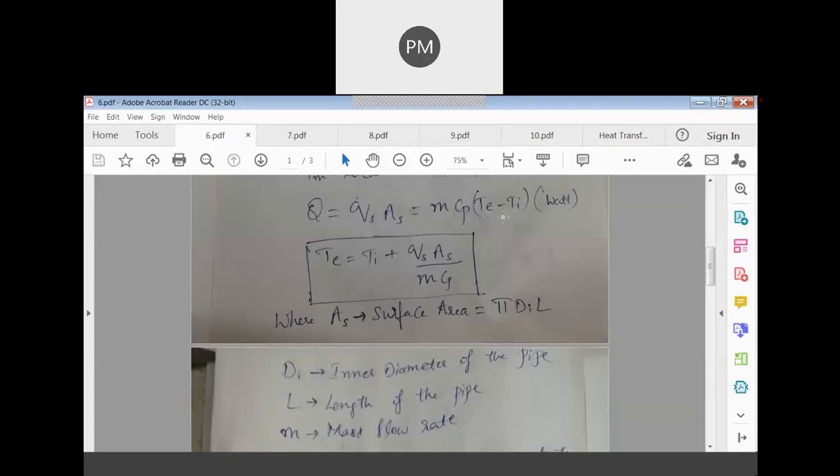If you simplify these two terms for Te, you are going to get the equation, which is Te is equal to Ti plus q A divided by m Cp. Here Ti, q_s, m Cp almost remain constant. Only the surface area varies, because pi and the diameter remain constant. The length of the tube you can increase. As you increase the length of the tube, the temperature of the fluid at the exit keeps increasing.